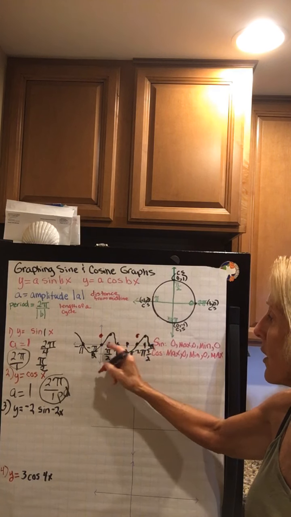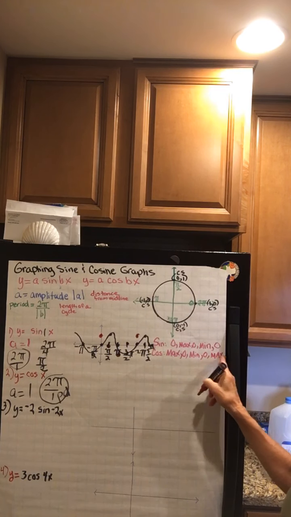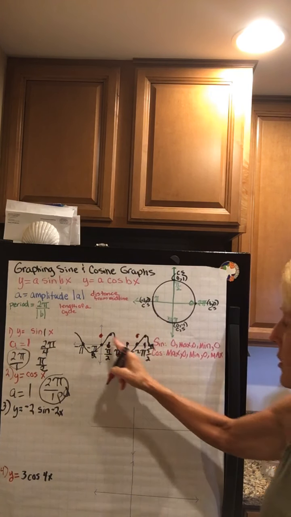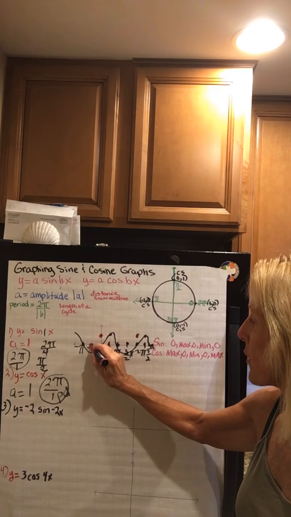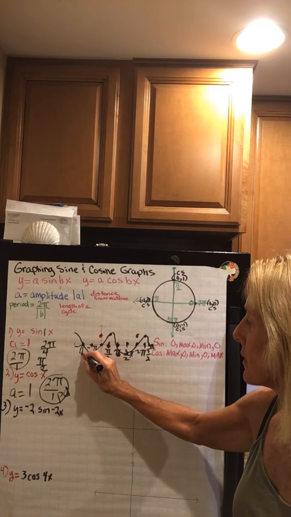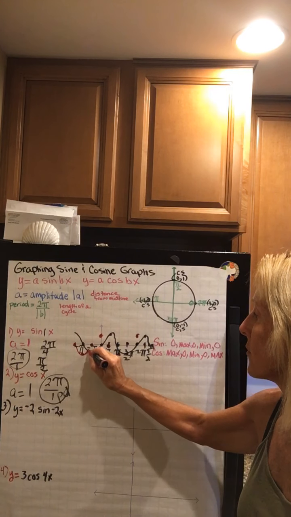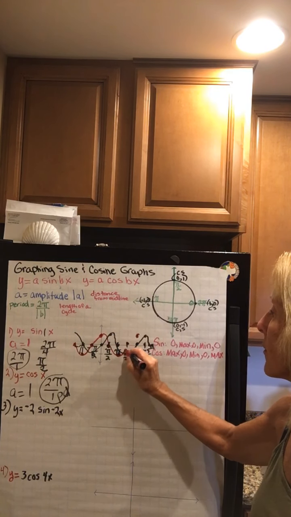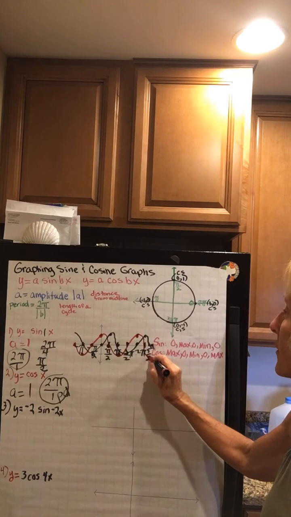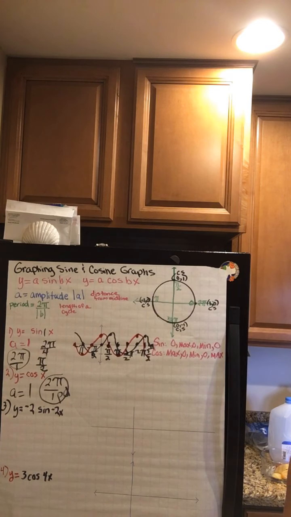So this would go on, and then let's go backwards. So if I go backwards, there's your max, so this would go 0, and then min, and then back up to 0. So your cosine graph is in red. And there's your cosine graph. So there's sine and cosine.